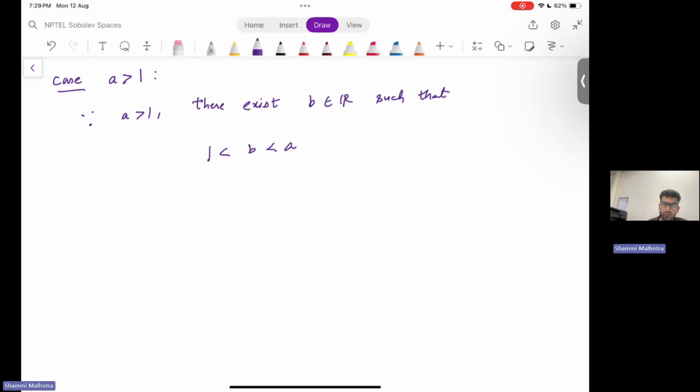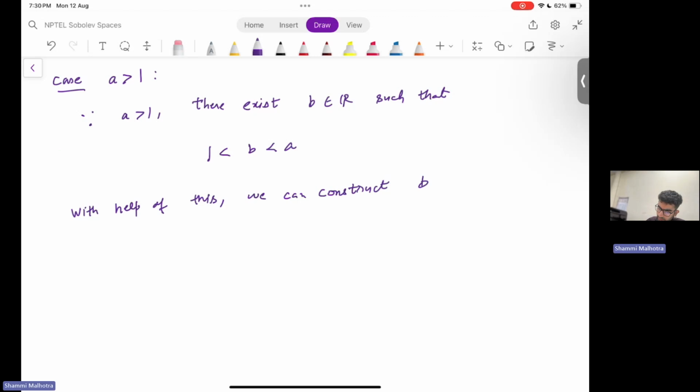And with this b, what we will basically do is construct a phi.